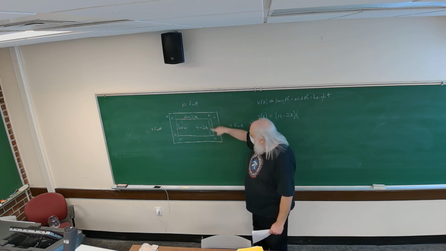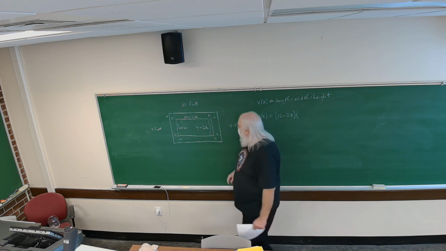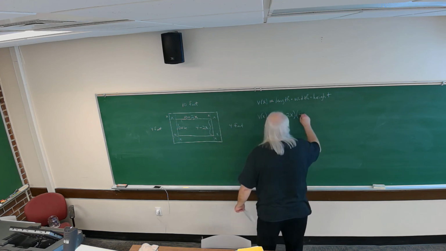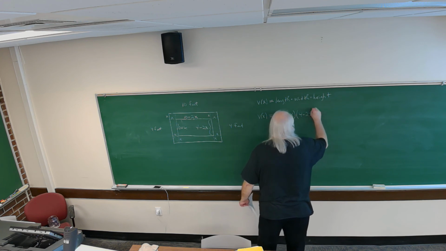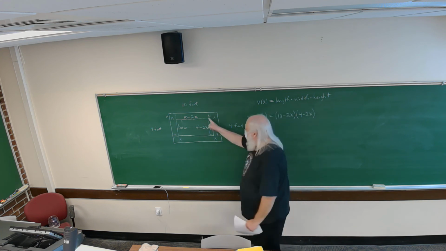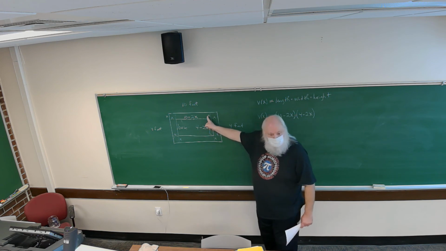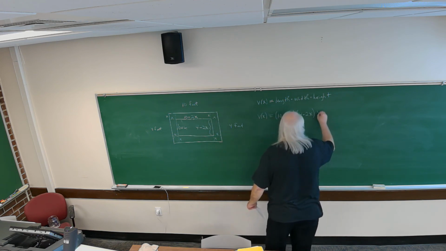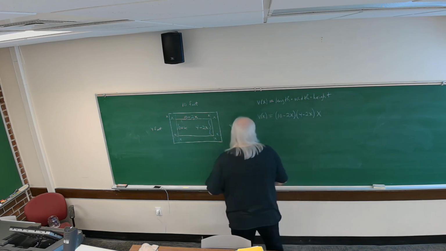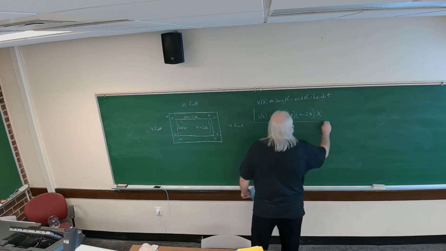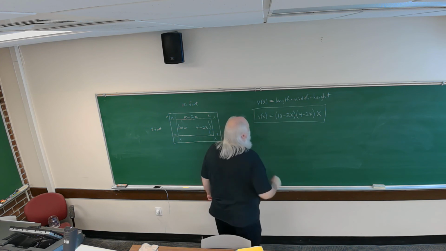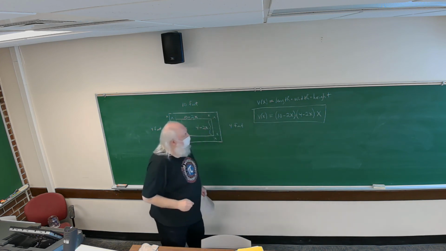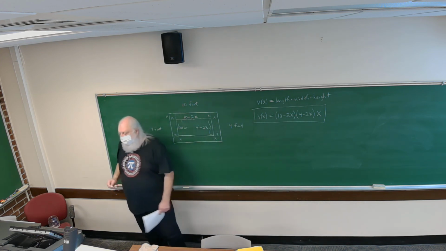The width of the box is 4 minus 2x. And the height of the box is the size of the square, x feet. And that's all we've got to do on this. We have expressed the volume of the box as a function of x.